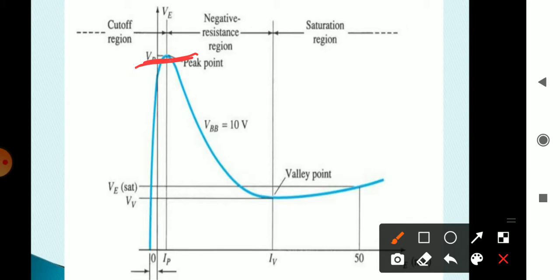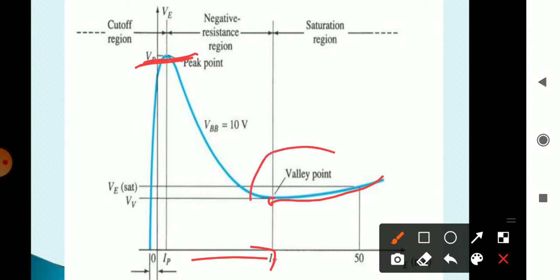Why is the resistance decreasing? The holes are injected into the lightly doped N region, so the electrons and holes recombine and they increase the emitter current. If I keep on increasing the emitter current, the further increase will not affect the emitter voltage much. That point we call the saturation point.